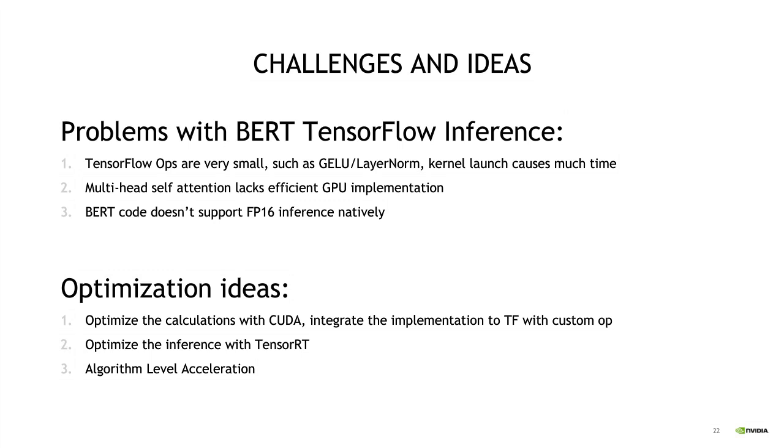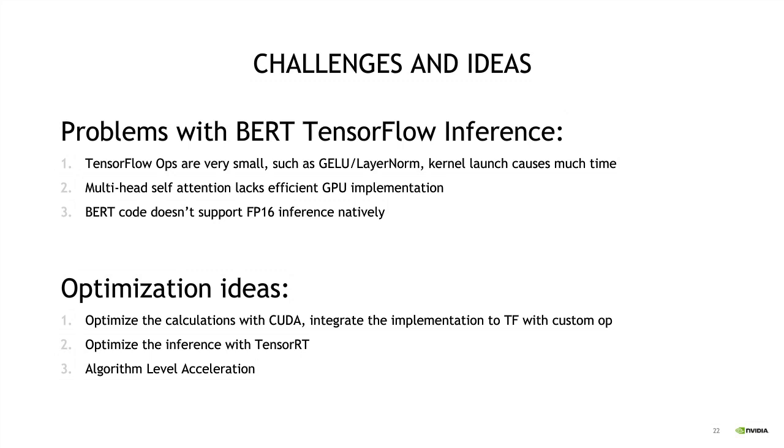The first one is to optimize the calculations with handwritten CUDA and integrate the implementation into TensorFlow with a custom OP. The second one is to optimize the inference with TensorRT, because TensorRT has a lot of features to help you optimize your model, and of course it includes BERT.